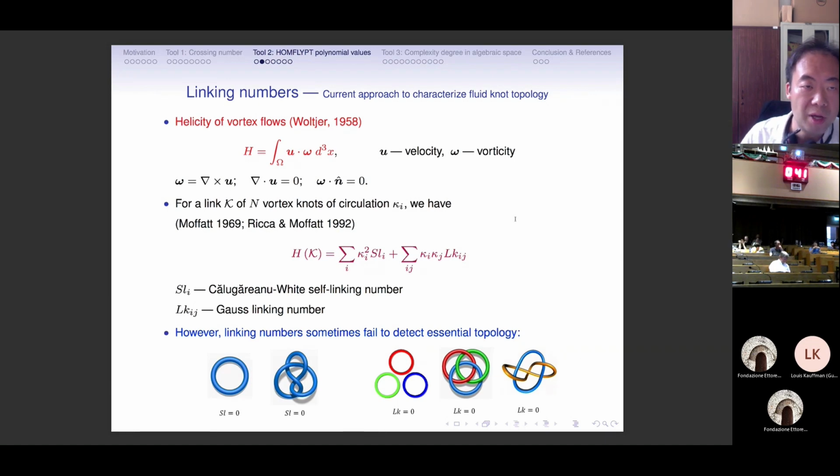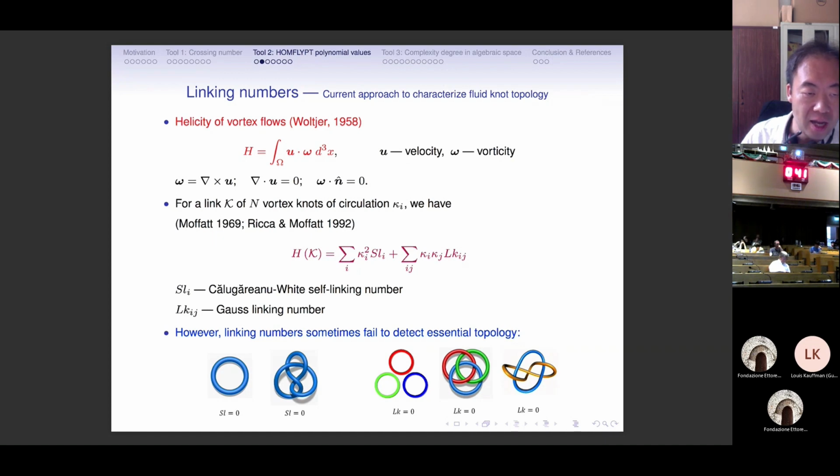Okay, the story begins from helicity. We know helicity is defined as follows. It is a triple integral of u, velocity, and vorticity, the dot product in between, right?